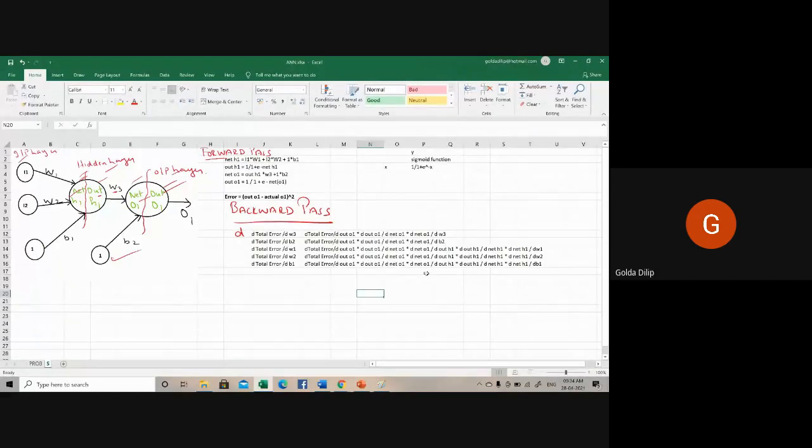Out O1 with respect to net O1. Net O1 with respect to out H1. Out H1 with respect to net H1. Okay. So now we have calculated all these things.